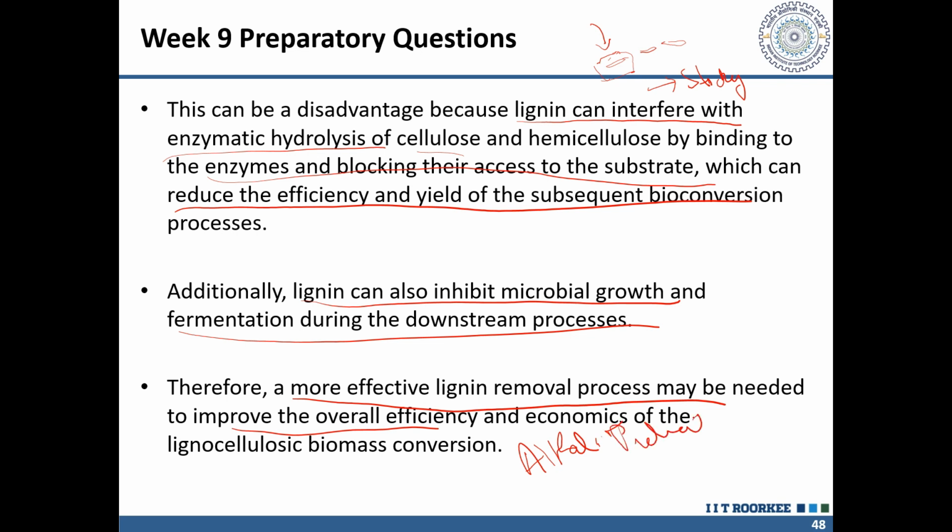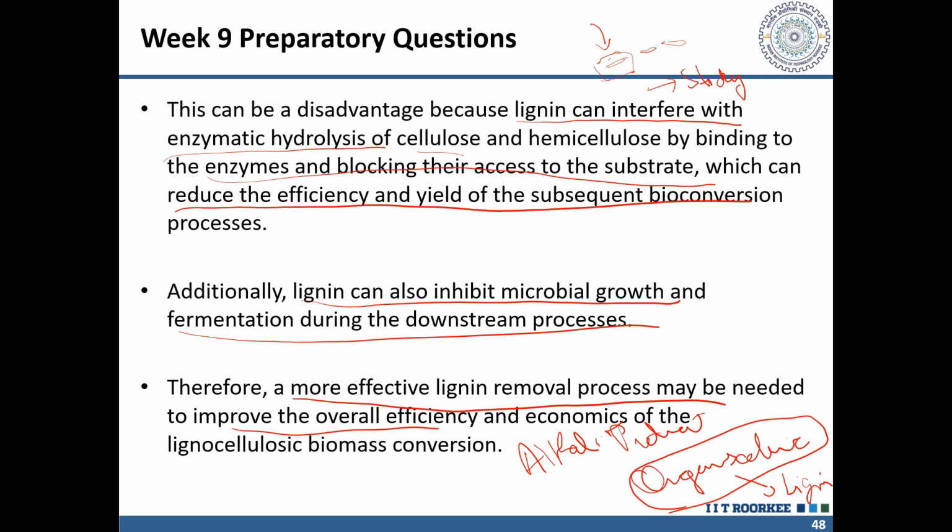There is another method known as organosolv treatment, in which we use organic solvents such as acetic acid or ethanol, and these organic solvents are also now being researched in order to remove the lignin, because this process removes the lignin in its own original form.